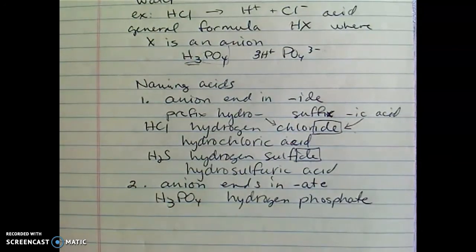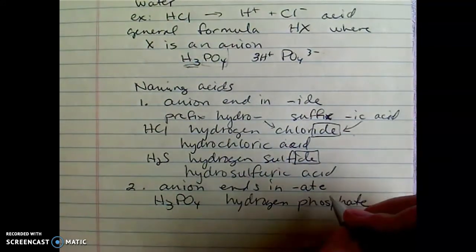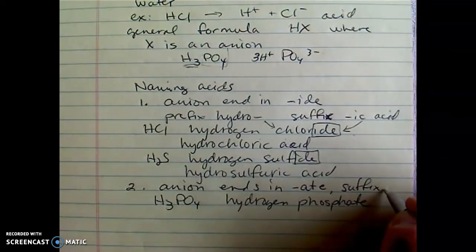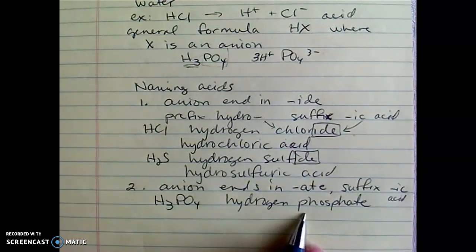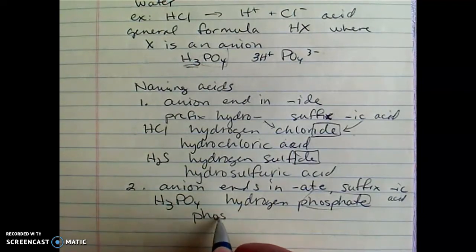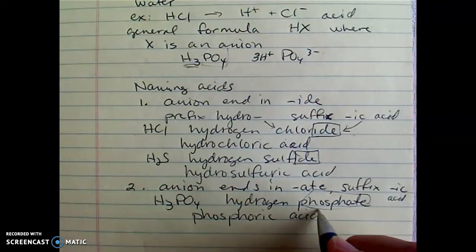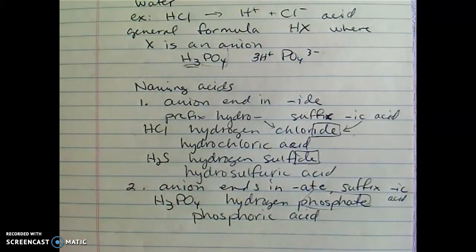If it ends in ATE, you're only going to have a suffix, and that suffix will be ic, and then acid. So we're going to use this name, and it becomes phosphoric acid.